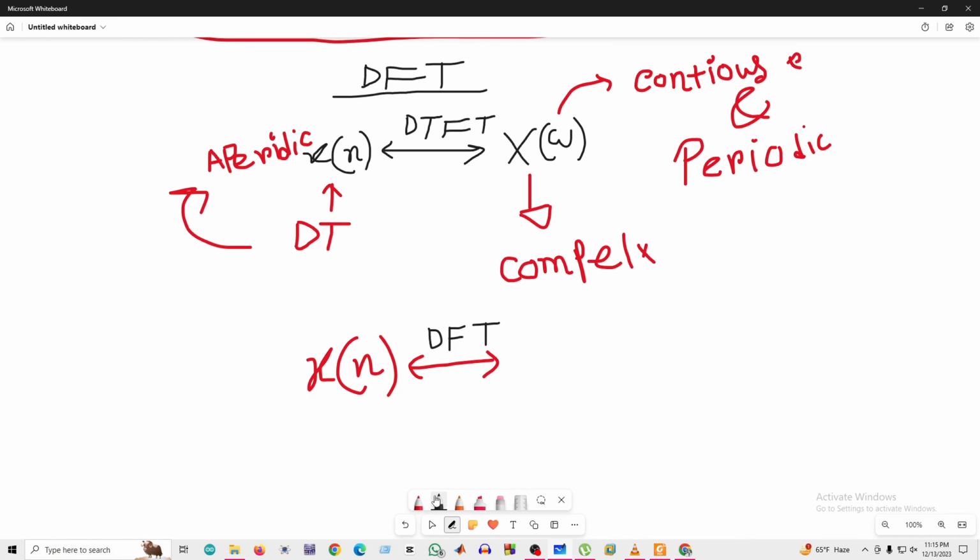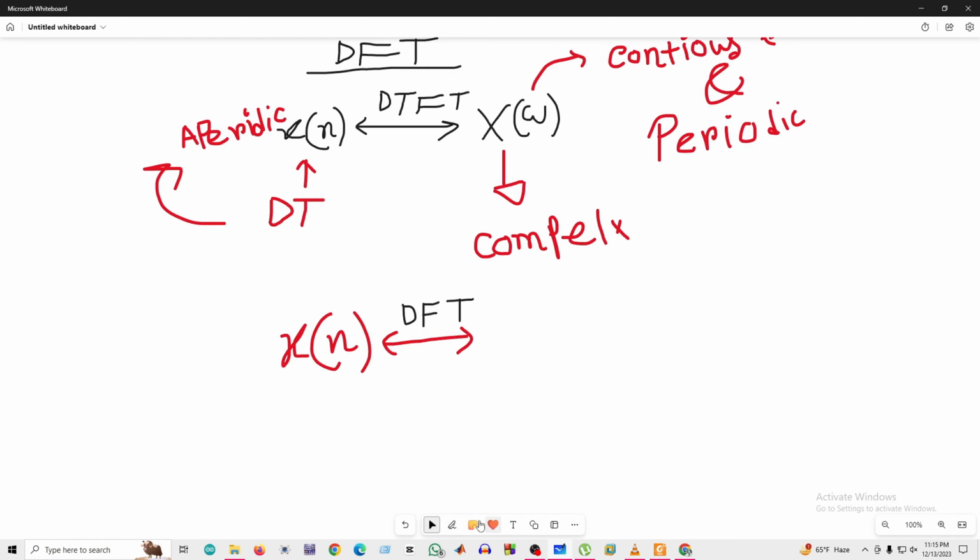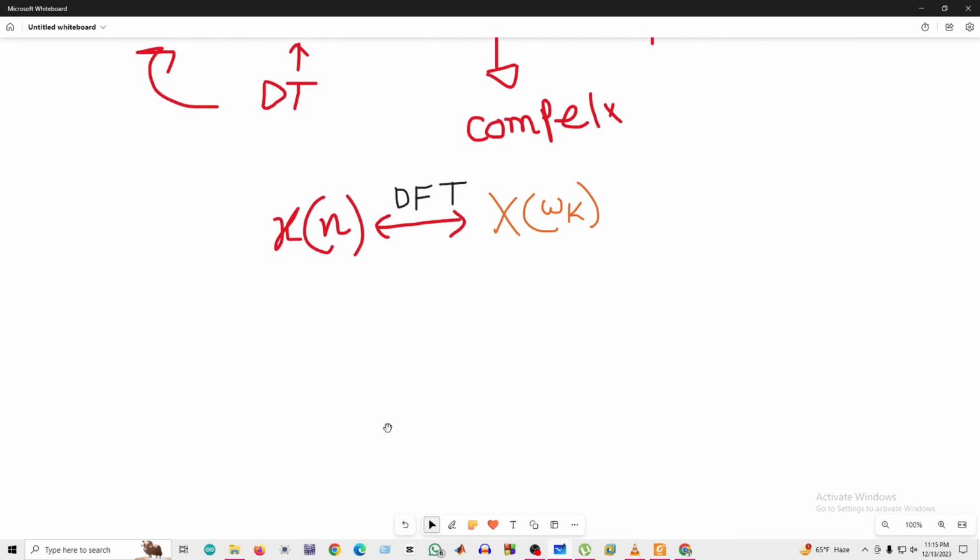If you do that, you get, for example, capital X of omega k, right? So if you do the DTFT, then what will happen?